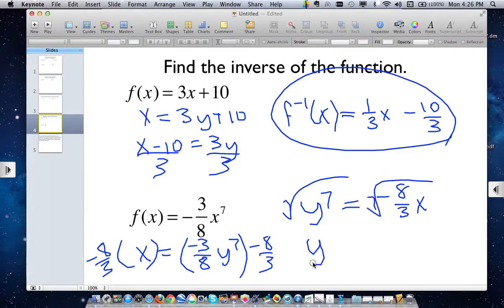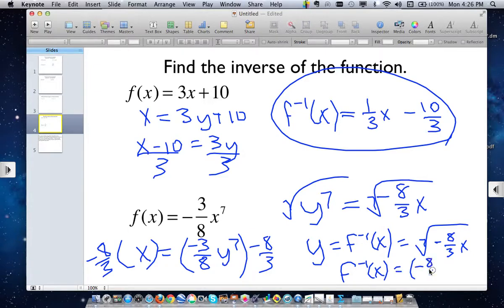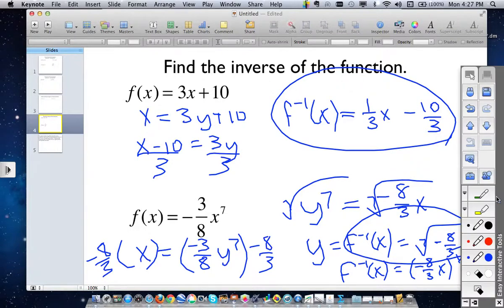I didn't particularly care how you did it. Although let's put proper function notation here. So the 7th root of negative 8/3 x, or you could have said in parentheses negative 8/3 x raised to the 1/7. Either one was accepted. This was the one I was really going for, but they're both equivalent, so it doesn't matter how you did it.